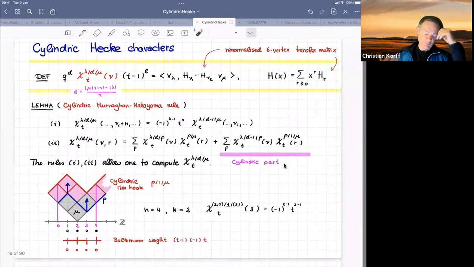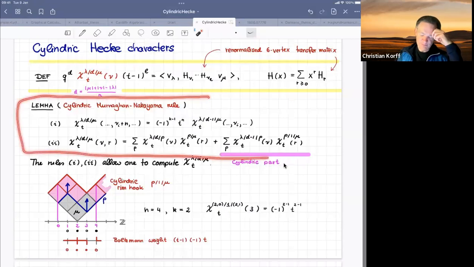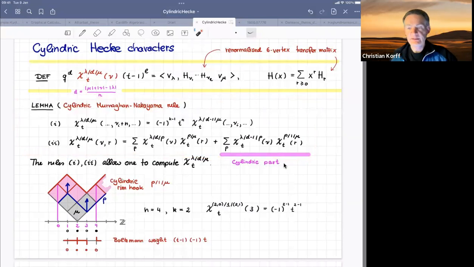And similar to the normal characters, you can derive from this definition certain recurrence relations, which allow you to calculate the cylindric Hecke characters explicitly. So if you like, this is a generalized Murnaghan-Nakayama rule for Hecke characters on the cylinder.